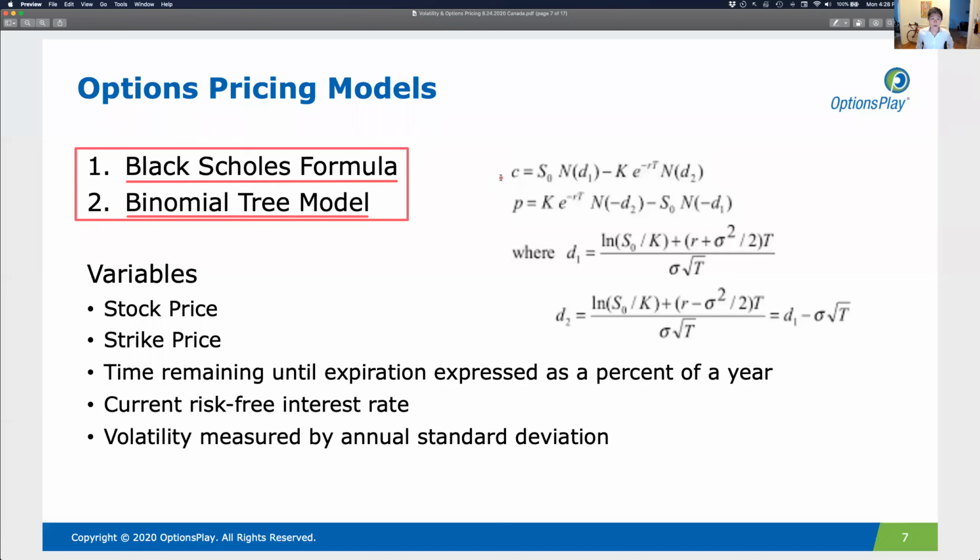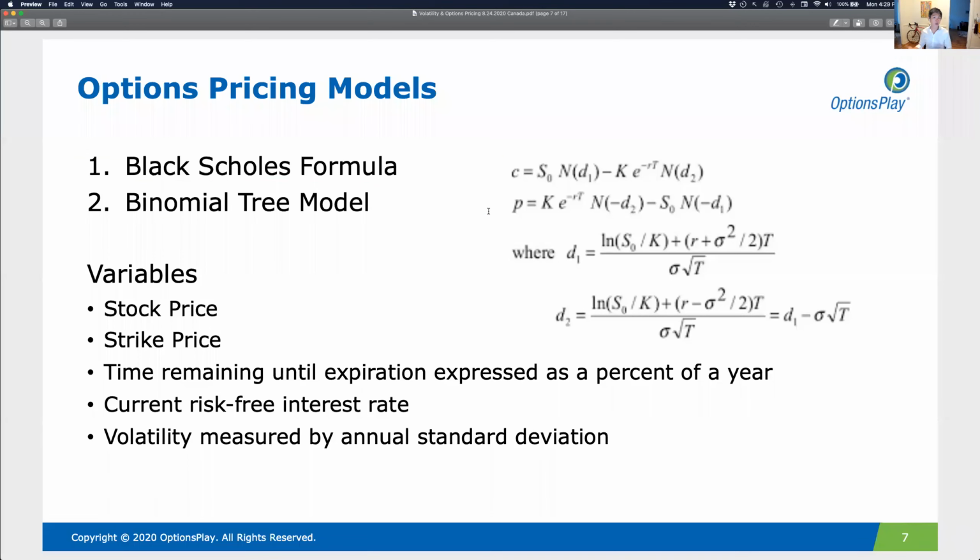They're paid at discrete times, a few times throughout the year. So there are some limitations to Black-Scholes, but both option pricing models have the same inputs that go into them.